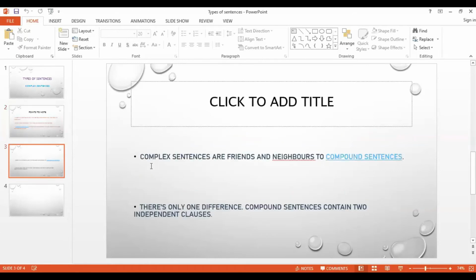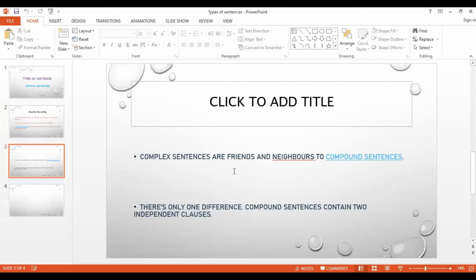Now, complex sentences are friends and neighbors to compound sentences. Like I said, they're all related. They come from the same family, types of sentences. The only difference between a compound sentence and a complex sentence is that the compound sentence has two independent clauses.